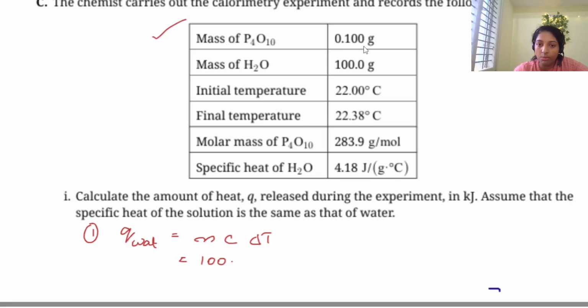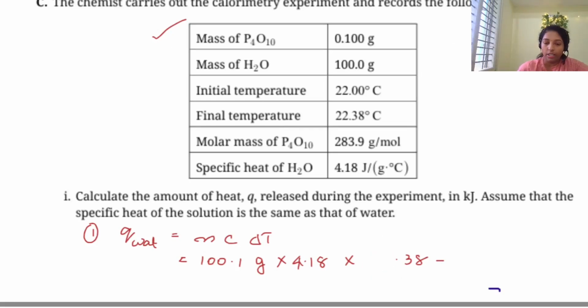So here the lowest is 1 decimal place, so 100.1 grams of mass. The specific heat capacity of water is 4.184. And delta T is final minus initial, so 22.38 minus 22.00.